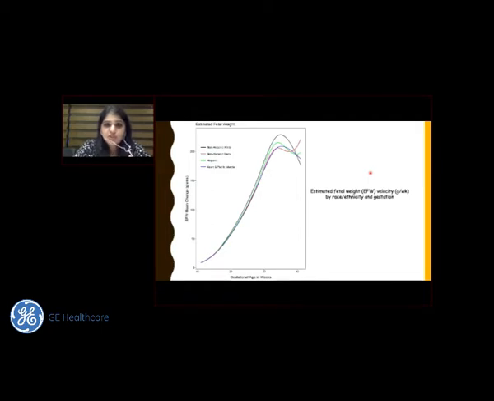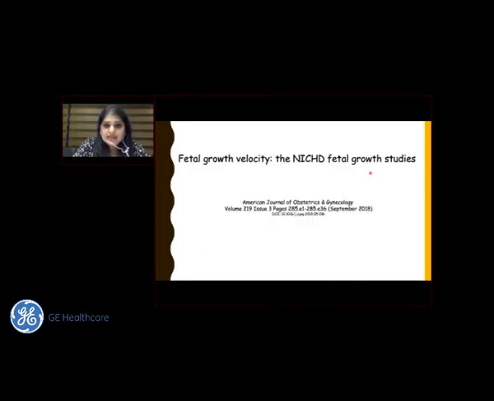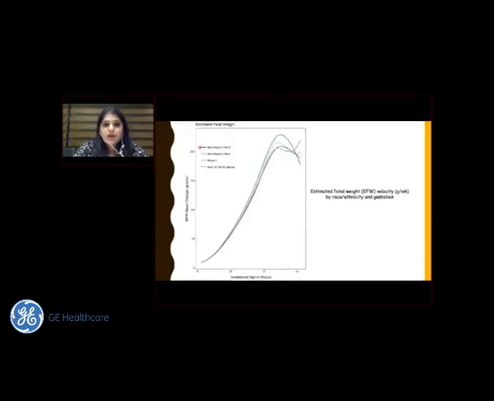But this huge study by NICHD in 2018 has come up with a very, very large number of non-Hispanic, Hispanic, Asian and Pacific populations, and we see that they all beautifully overlap, and the only skewing happens towards term and post-dated fetuses, okay? So we are doing very well if the whole world uses the same standard growth charts, okay?